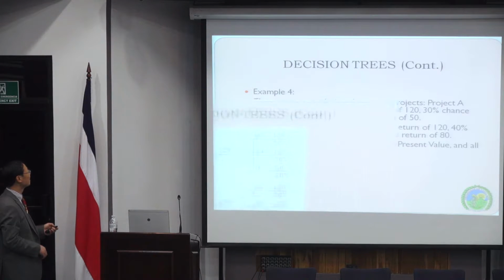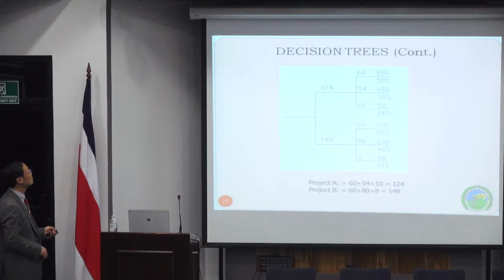Basically, there are 2 options, so I build 2 branches. For the first branch, I put the values, like 120 with 50% of that, 180 with 30% of that, and 50 with 20% of that. This should add up to 100%.